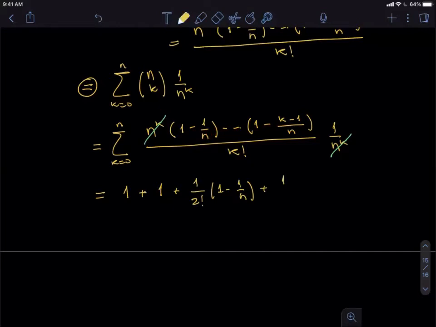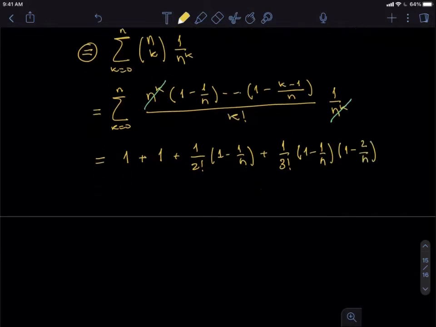When k equals 3, how many terms will I have? So I will have 1 minus 1 over n, 1 minus 2 over n. Okay, and we can keep going. Every time I will get more and more until k equals n. Here I have 1 minus 1 over n, all the way to 1 minus (n minus 1) divided by n.